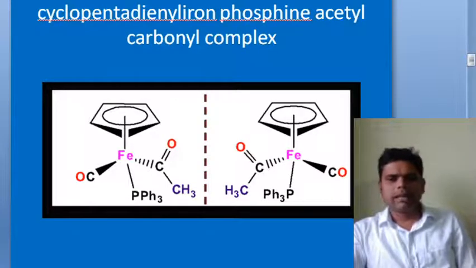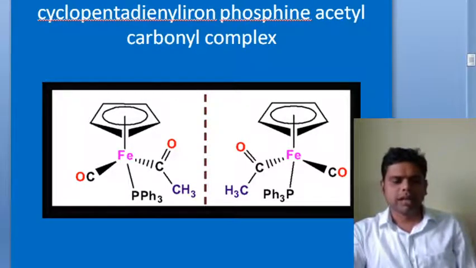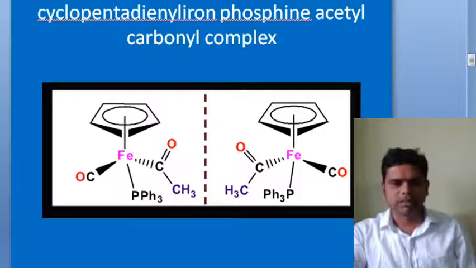See, in the case of iron with four different coordination bonds, one with cyclopentadienyl, another with carbonyl, another with acyl, another with triphenyl phosphine, making that one a cyclopentadienyl iron phosphine acetyl carbonyl complex.